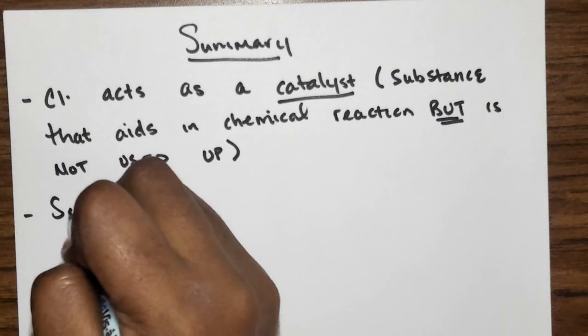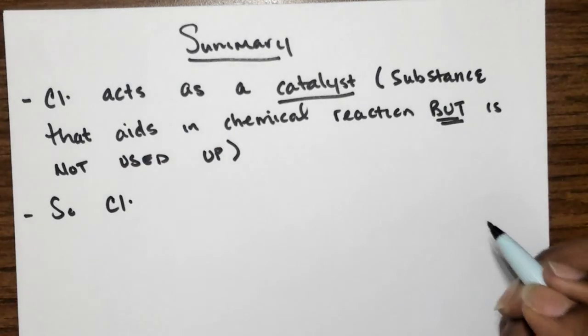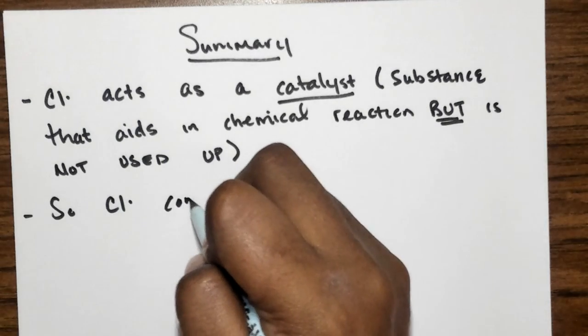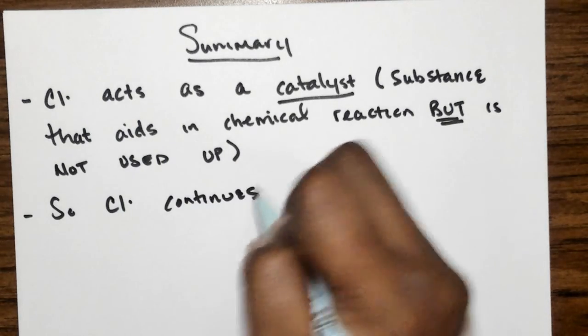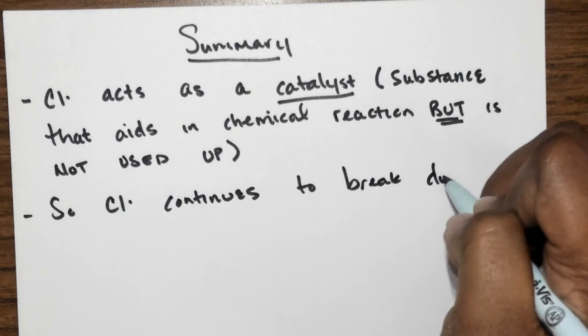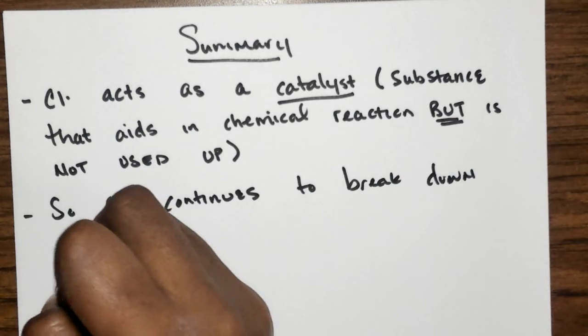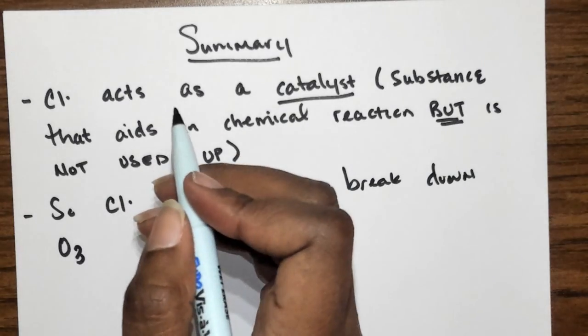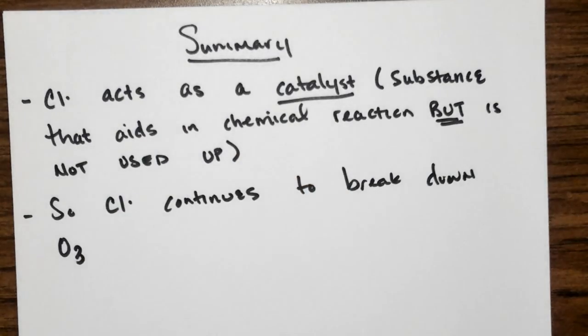So that chlorine free radical continues to break down the ozone, so O3, over and over and over again until you get a thinning of the layer.